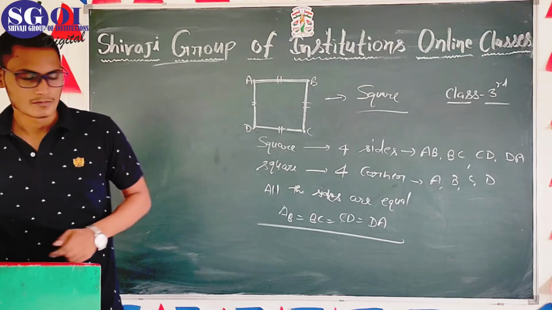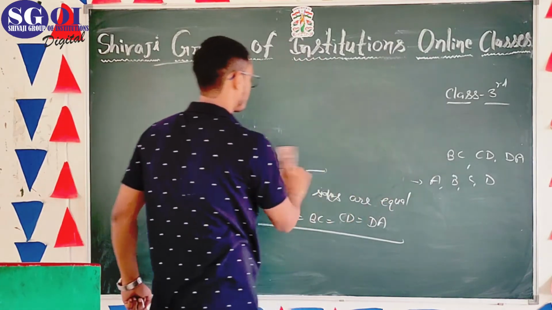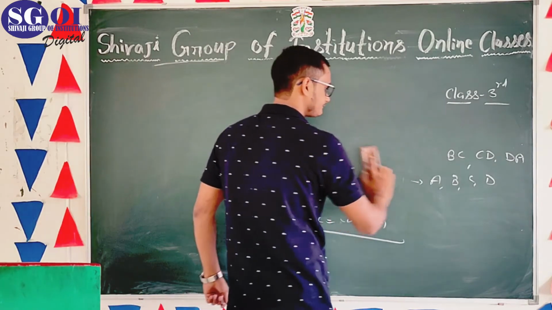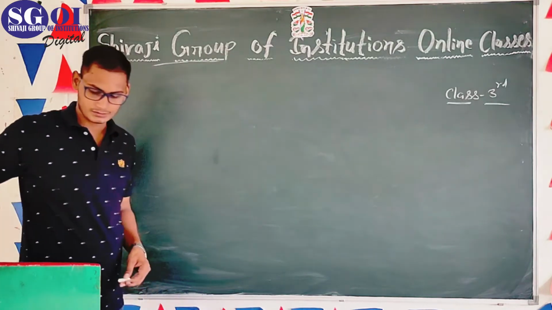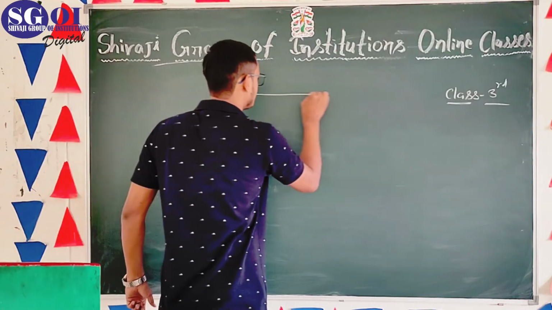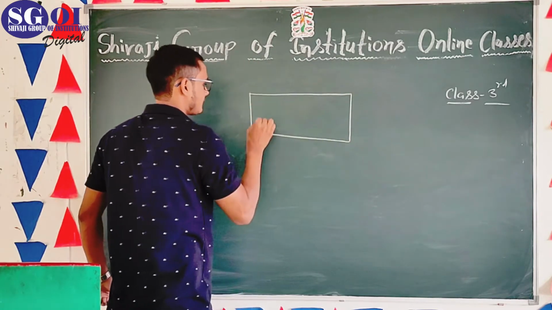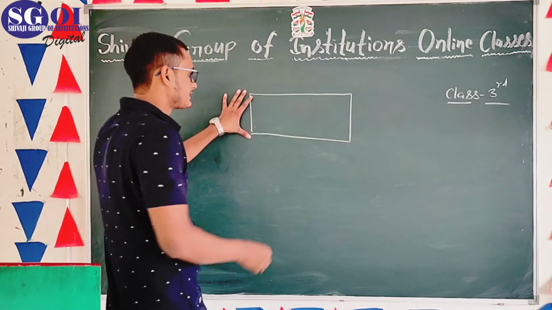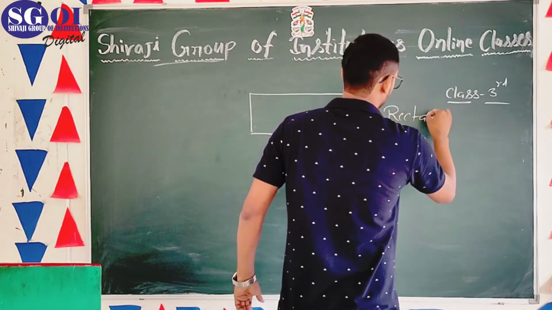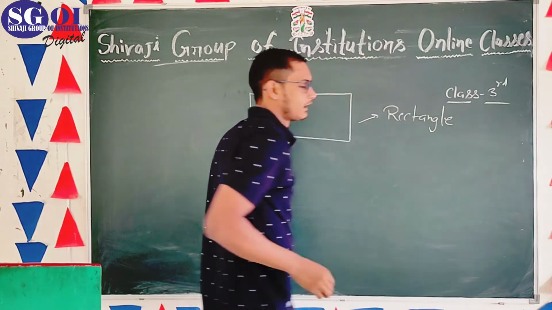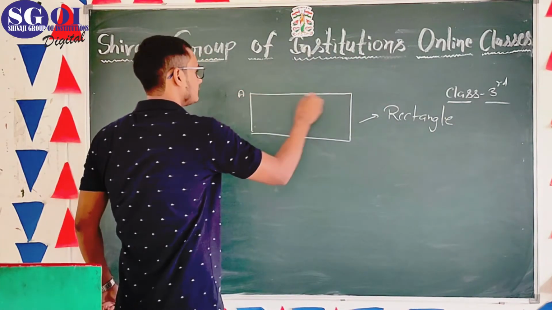Next, we have a second shape. We have four sides. This shape is called a rectangle. Understood?